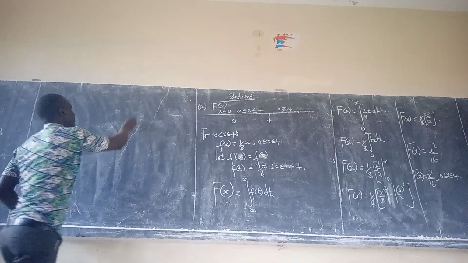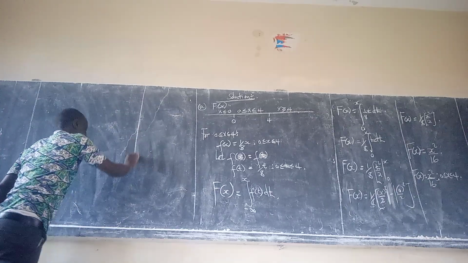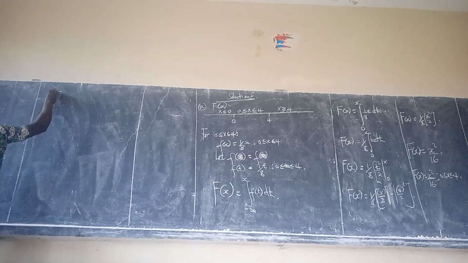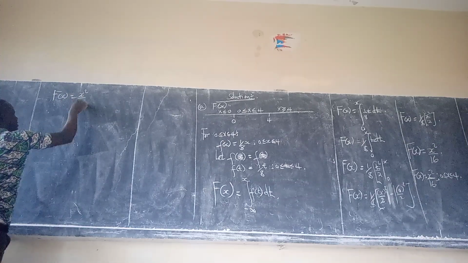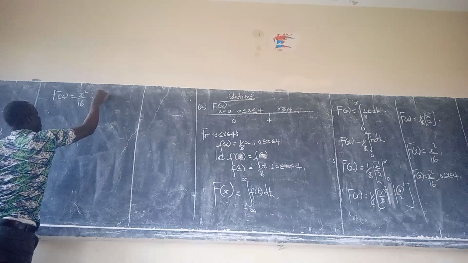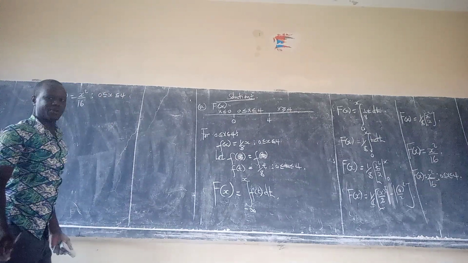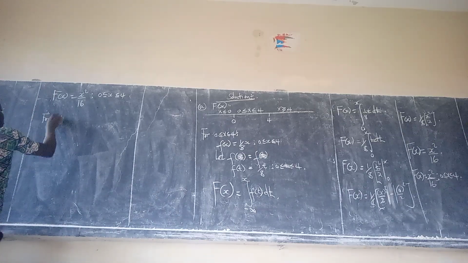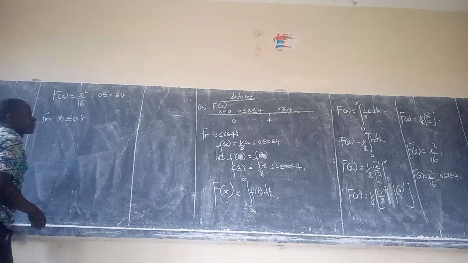So we are going to have our capital F of x is x squared over 16. This is when x lies between 0 and 4. Now we want the next interval, for the interval x less than 0.